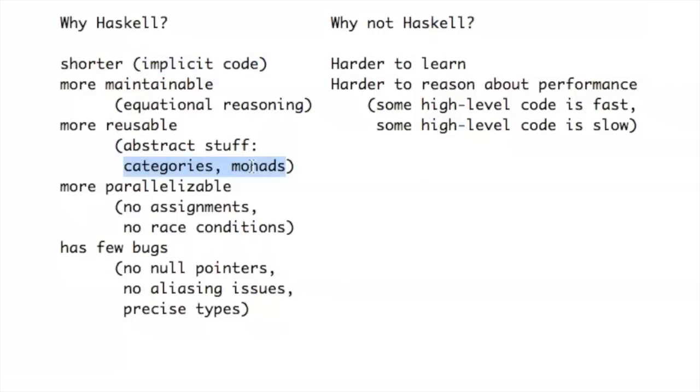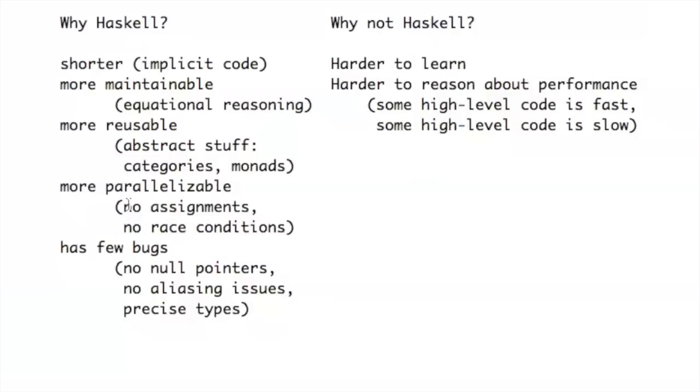Categories and monads, those are very scary words that probably prevent lots of people from even trying to learn Haskell. It's not that the concepts themselves are particularly complex. They consist of very few moving parts. What makes them hard is the fact that they are very abstract, and it's harder to reason about abstract things than about concrete things, and I'll give examples later in the talk.